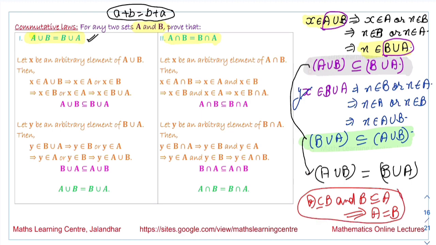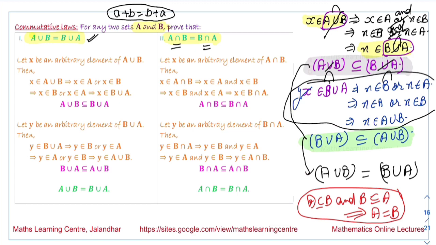Now the second part is for intersection. If we replace union with intersection here, this OR will become AND, this OR will become AND, and all these symbols will become intersection. Similarly, the second proof will change.